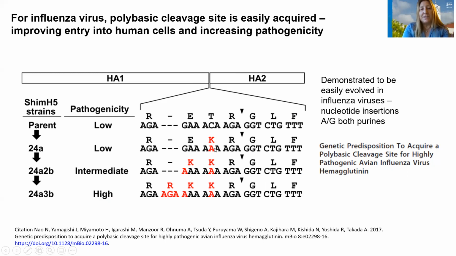And so you'll notice here that the basic amino acids are encoded by codons that are repeats of adenine. And so that can easily be an insertion error as a polymerase jumps off and reanneals to the template.